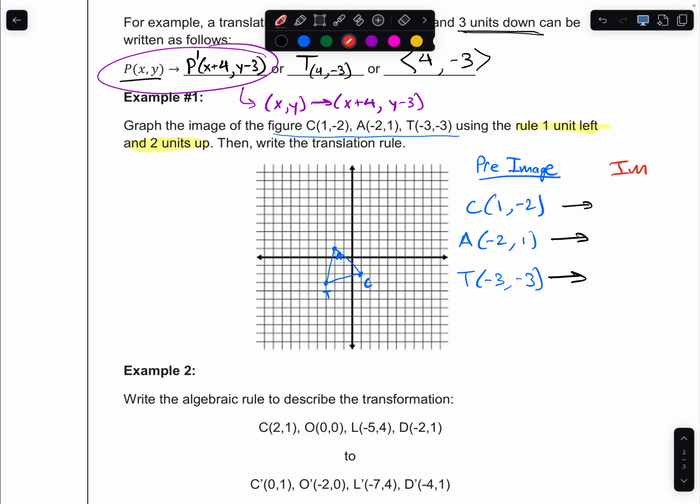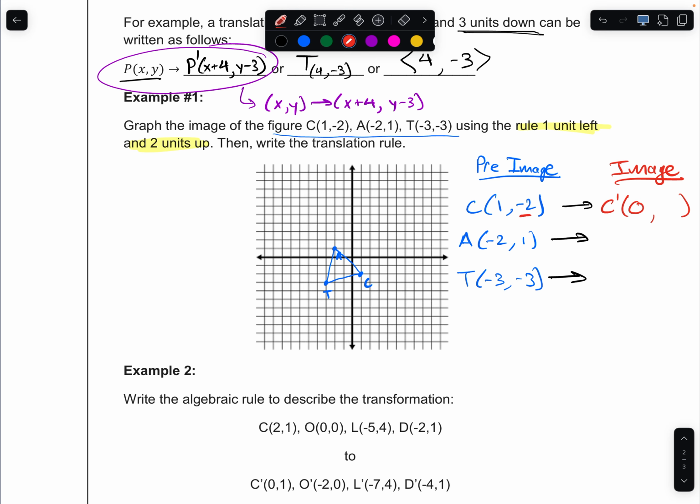So our image, if we use this algebraic rule, C prime should be, well, our original X coordinate here is 1, and we're moving it 1 to the left, so we're going to subtract 1. That should go to 0.